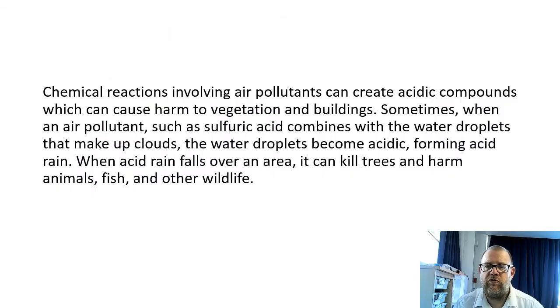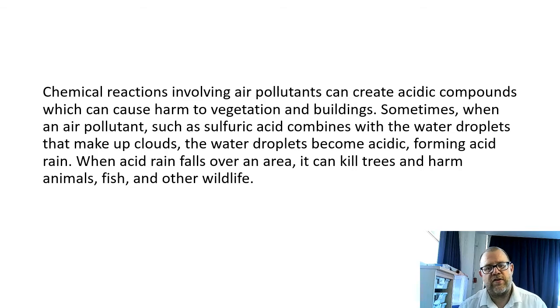So chemical reactions involve air pollution to create an acidic compound. I just said that it can cause harm to vegetation and buildings. Sometimes when an air pollutant such as sulfuric acid combines with water droplets, that makes up clouds. These water droplets become acidic, and then when the acid rain falls on the area, it can kill trees.